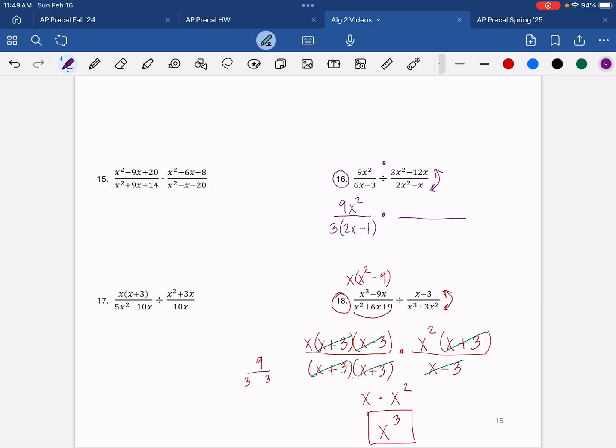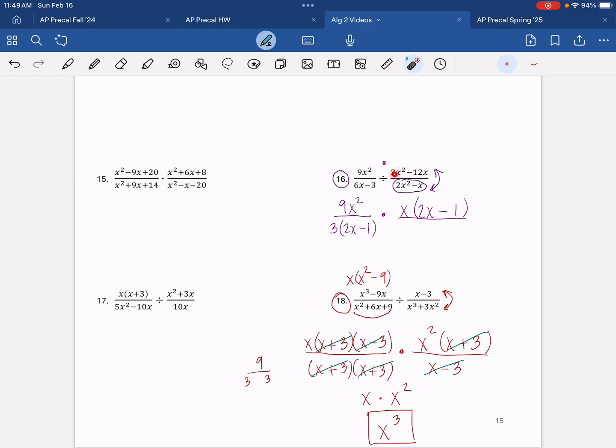So now on the top, I'm going to be looking at the 2x squared minus x. They did both have an x, so I'm going to take out that GCF. 2x squared is now just a 2x. And remember x, if you take that out, it still leaves a 1 behind. So that if you tried to multiply this back, it would make 2x squared minus x.